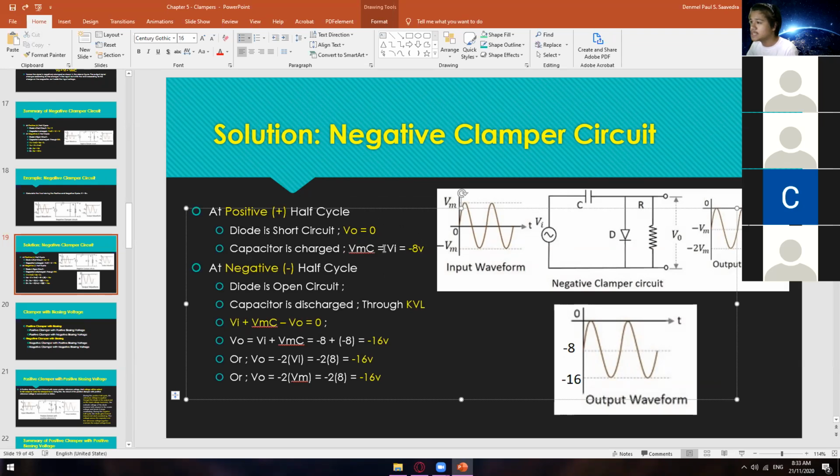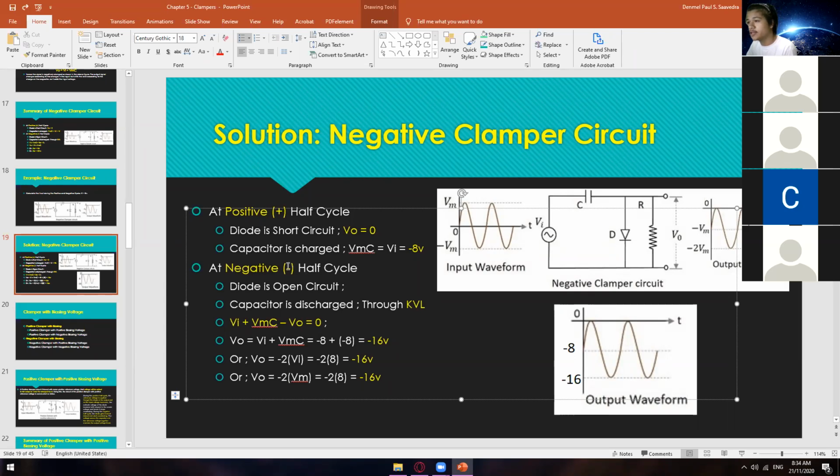Then VMC is equal to V sub I, wherein we have a sign of negative 8 volts. Why negative 8? Because again, this one is being positively charged, and then it will discharge negatively. So positive here and then negative here.